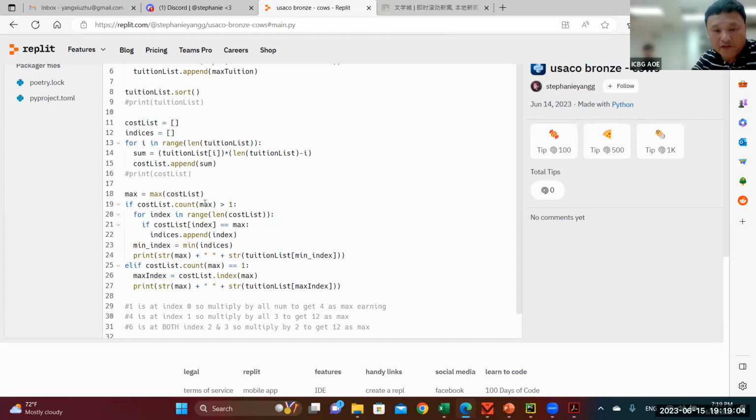Okay, so if this count is 2, it should not, because let me say the cost list, that's the index. Oh, I see what you meant. Okay. Yeah, you're trying to find which one. The first one you get the index, so then you can use that index to find which column that's the one.